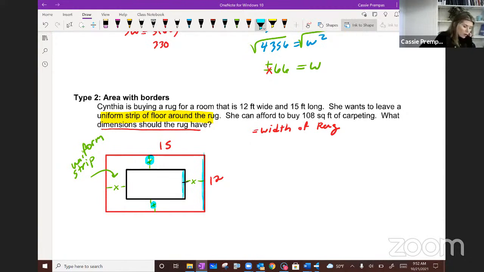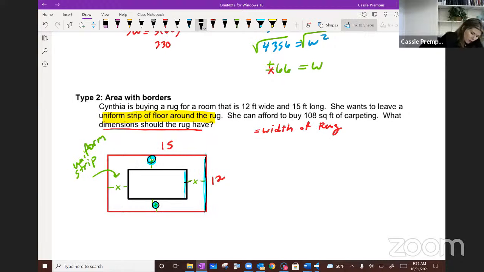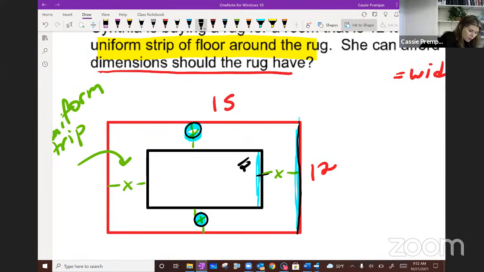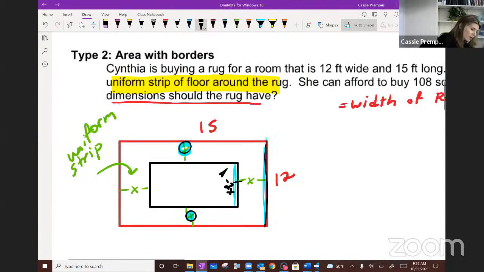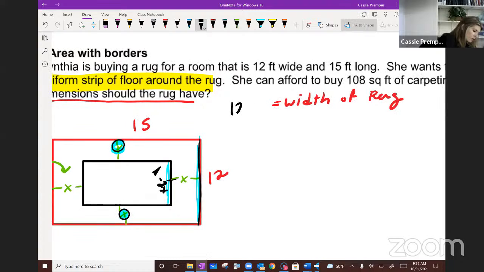So for the width of the rug, I take 12, that entire piece, and subtract this uniform strip and this uniform strip. So that would be 12 minus 2x. 12 minus 2x equals the width of the rug.